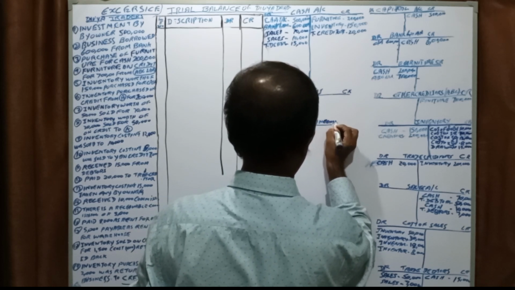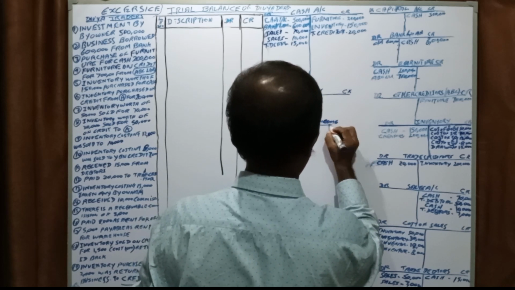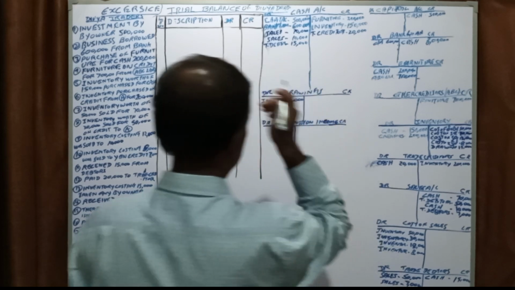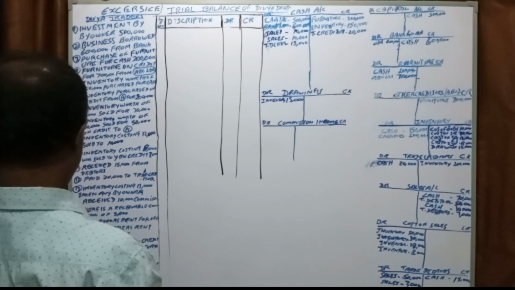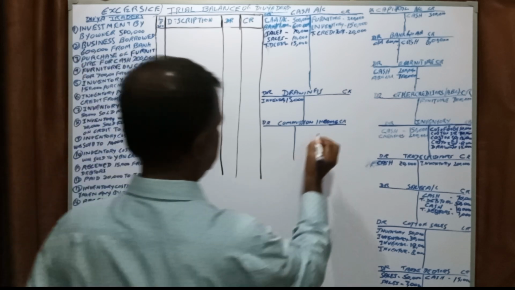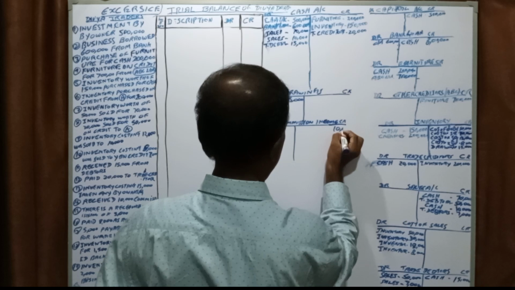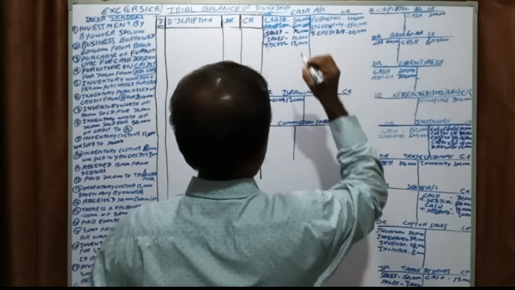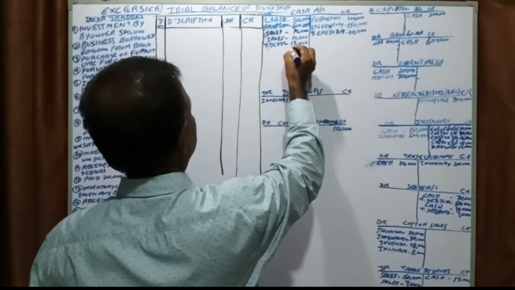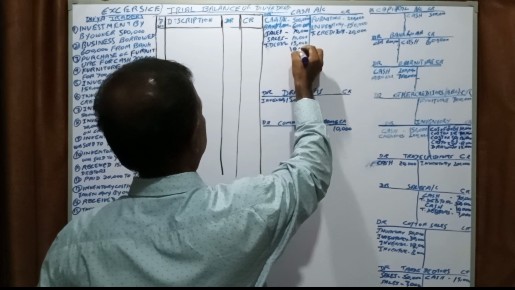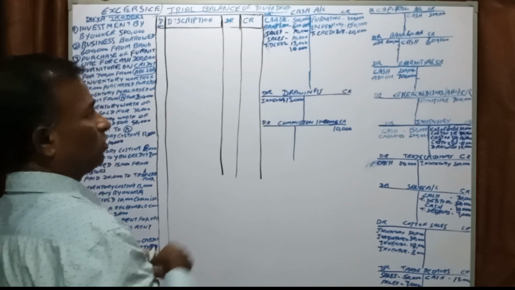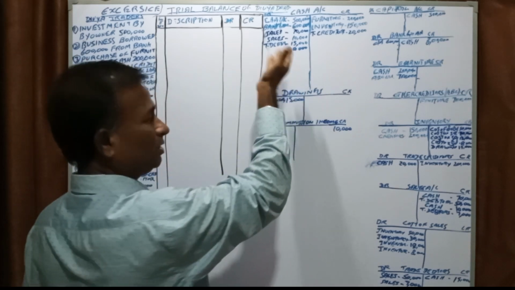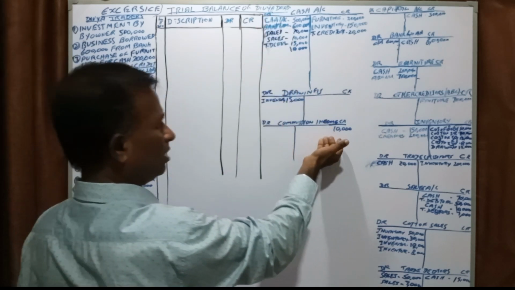Income account credited with the 10,000 rupees, right? Cash account debited with the 10,000 because we have received a commission of 10,000. Cash account debited, commission income is credited.